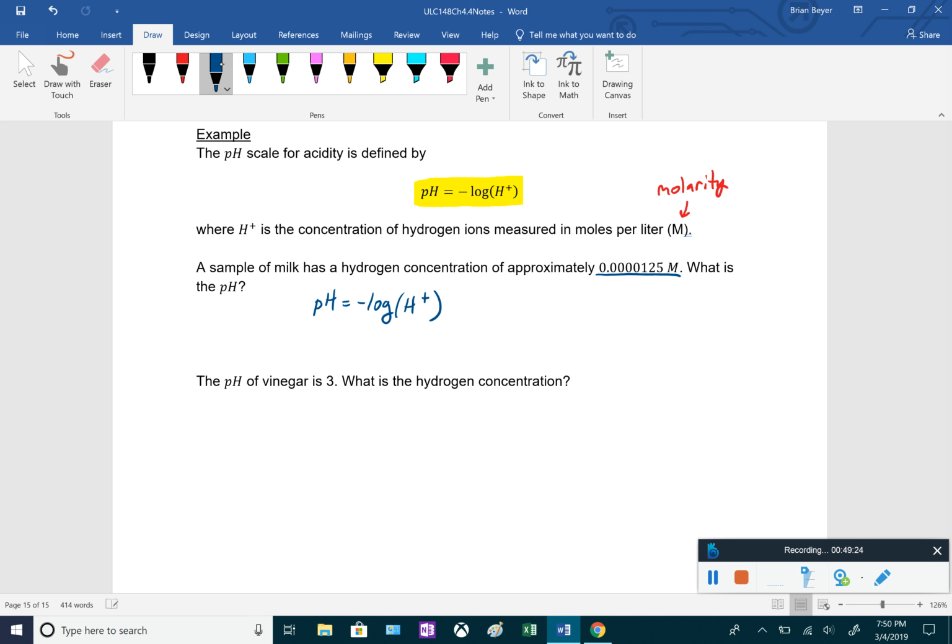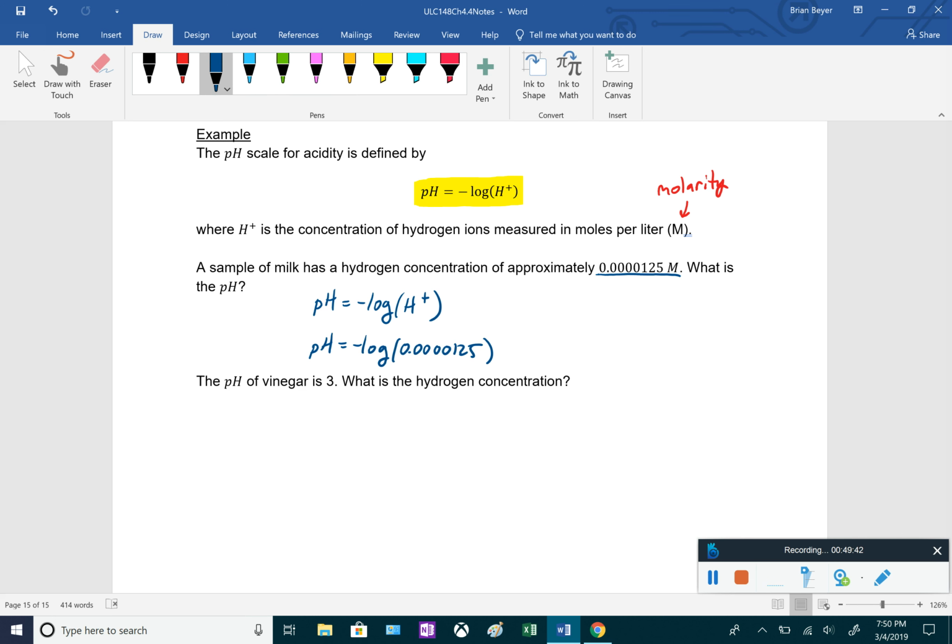It's about 0.0000125, so I'm going to plug that in. pH equals negative log of 0.0000125. I'm going to leave out the units.